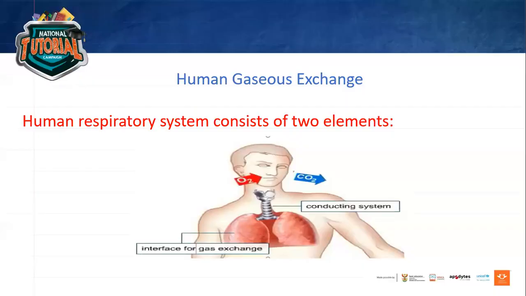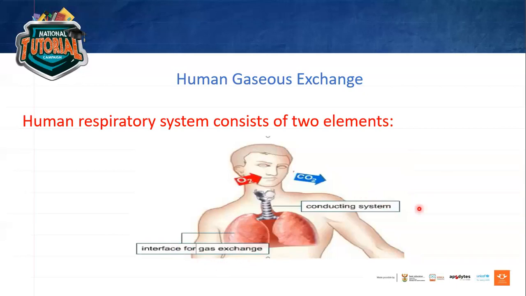lungs. So with human gaseous exchange, to allow the process of gaseous exchange to take place, we would need a respiratory system. The respiratory system consists of two elements. The very first element is the conducting system. And then we also have an interface for gas exchange.